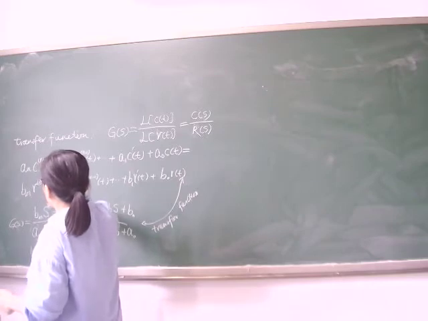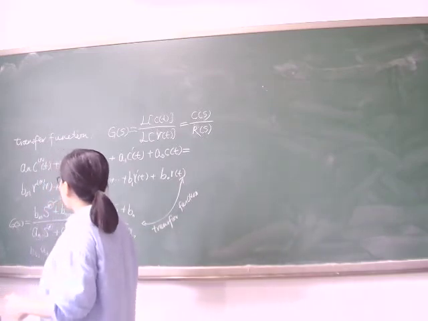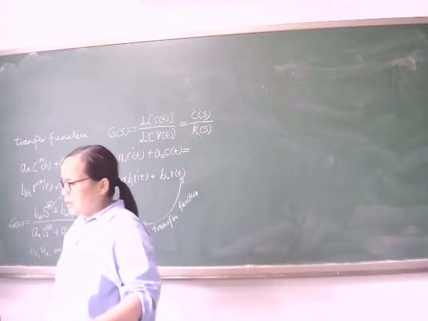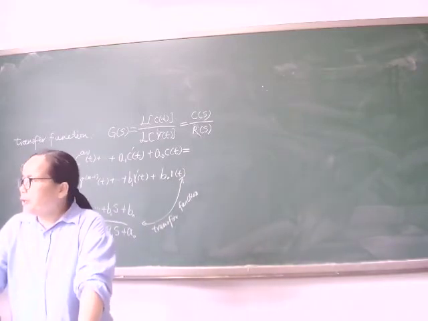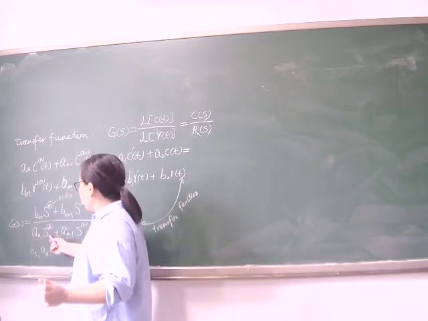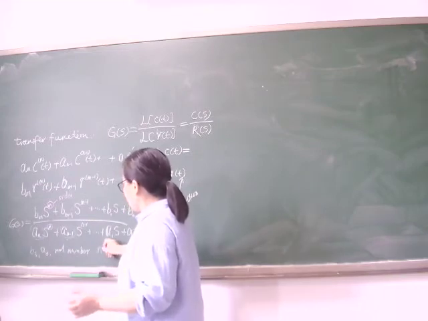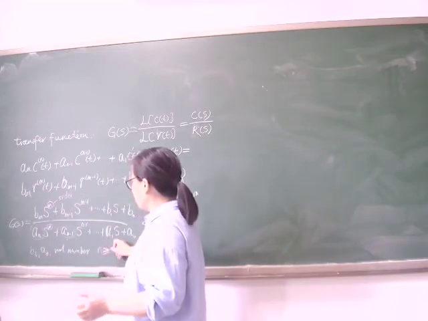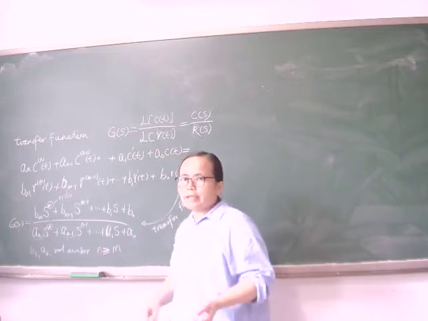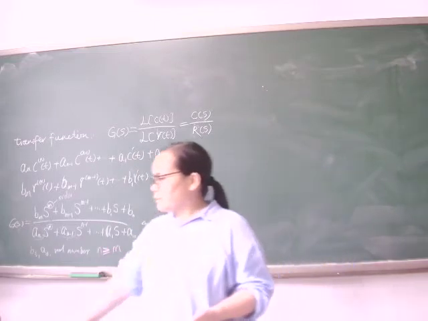This is the order. And this n also is the order. This is the order of the denominator. Now, in general, n is greater than m. In general.